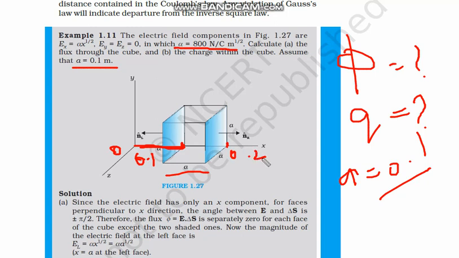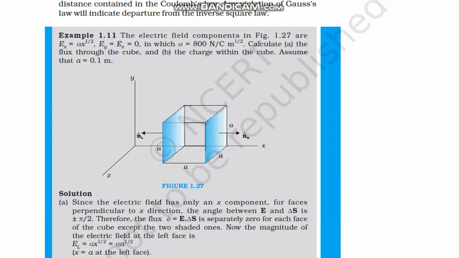Let us simplify this diagram to understand this. The cube has 6 faces. Let us number them: this is 1, this is 2, third the top one, fourth the bottom one, fifth the back side, and sixth the front.